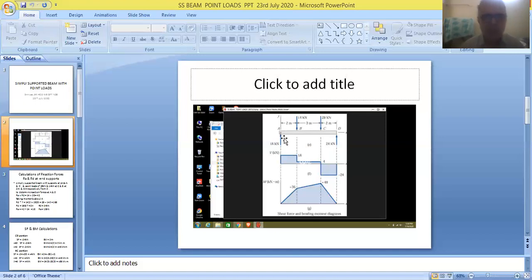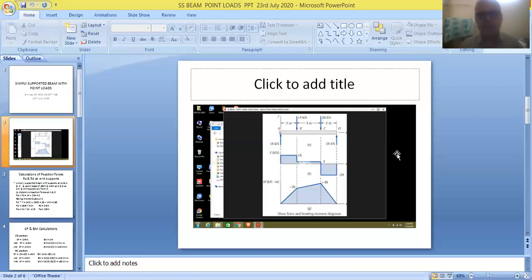So the left end of the beam is named as point A. The right end of the beam is named as point D. The reaction offered at point A is simply called RA, and the reaction offered at point D is called RD.